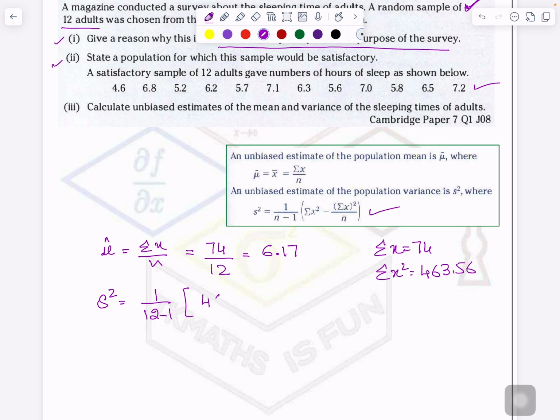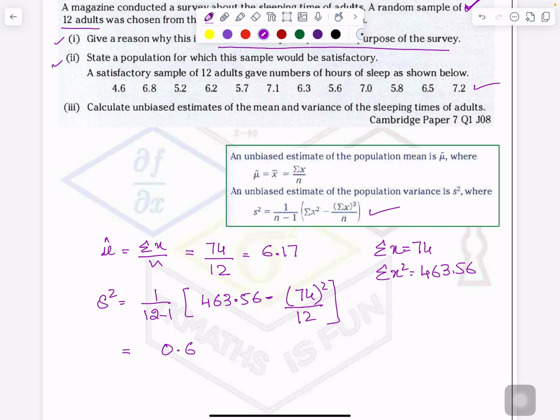So it is 463.56 minus 74 squared divided by 12, right? I have simply substituted the values and now I will use the calculator. It is coming 0.6569. So in 3 significant figures it will be 0.657. So this is how I calculate unbiased estimates of mean and variance for the sleeping time of adults.